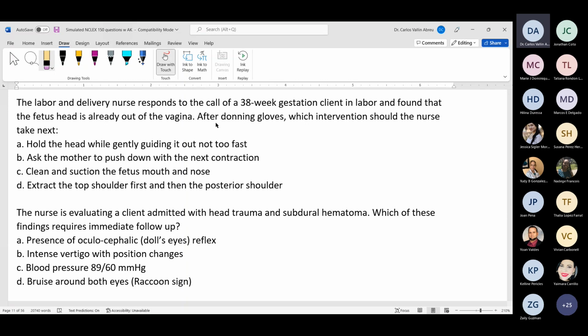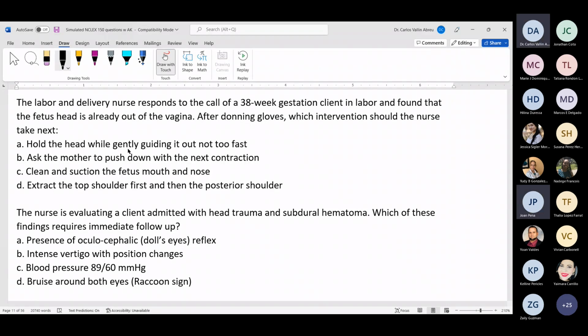What do you do first when the head is out and the rest of the body is still inside, if you are the nurse that for any reason needs to receive this baby?